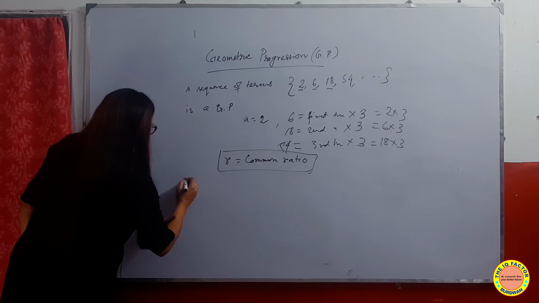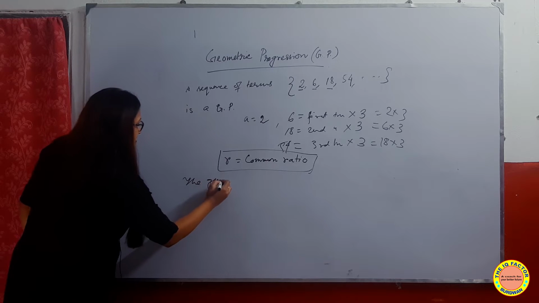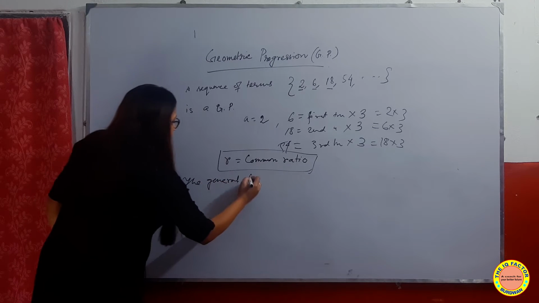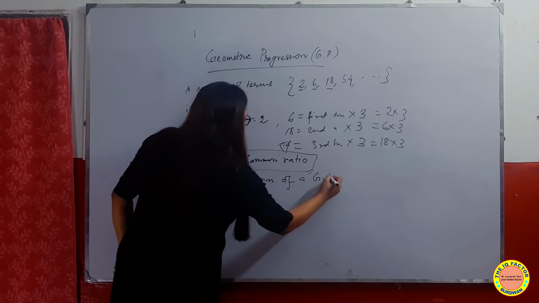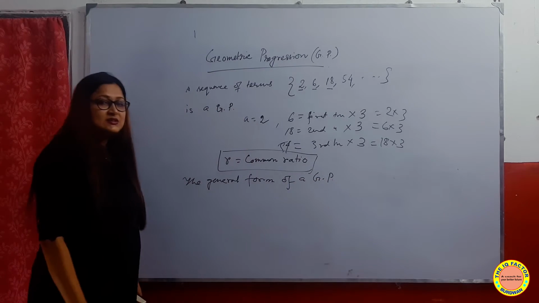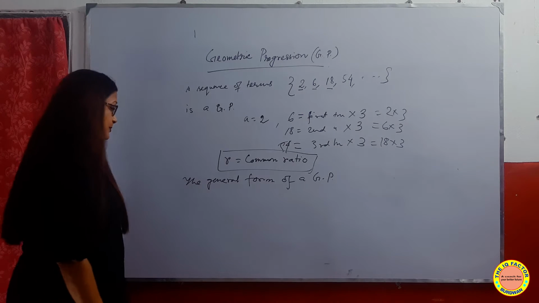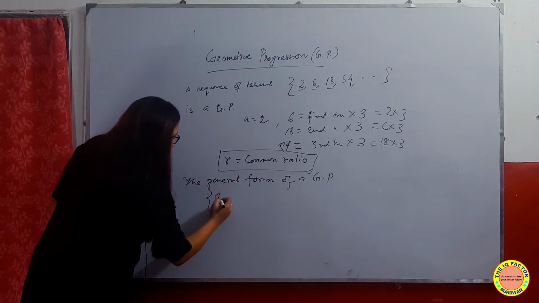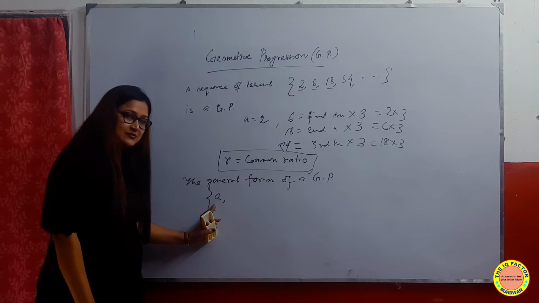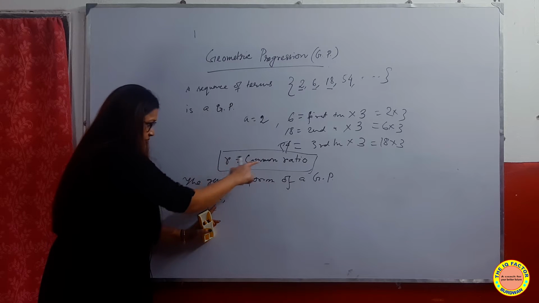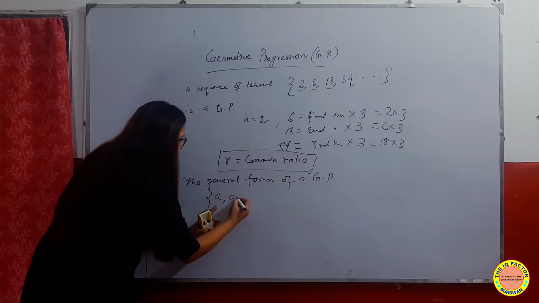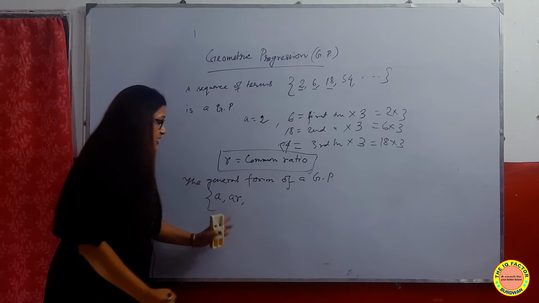Now we are to find out the general form of a GP. What is the general form of a GP? It is A, first term A, the common ratio, if it is multiplied with A, it is AR.